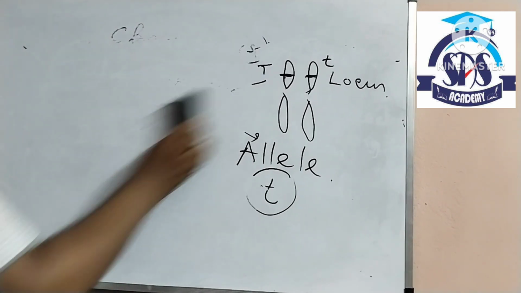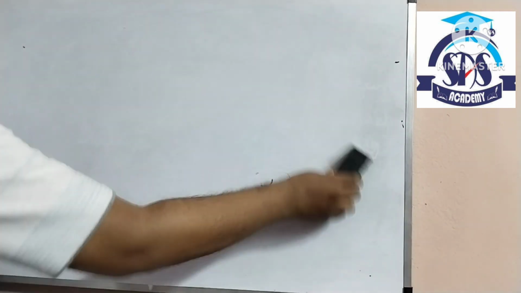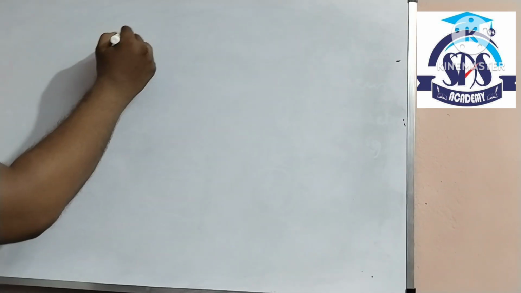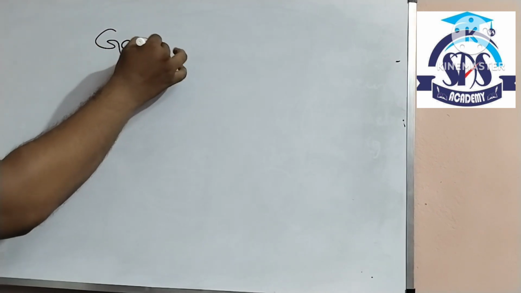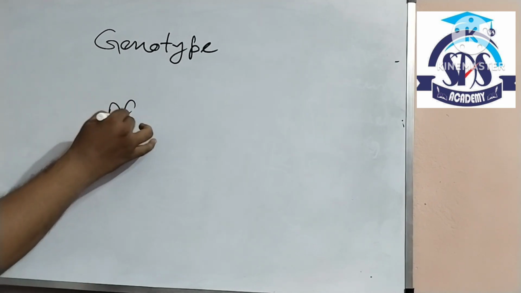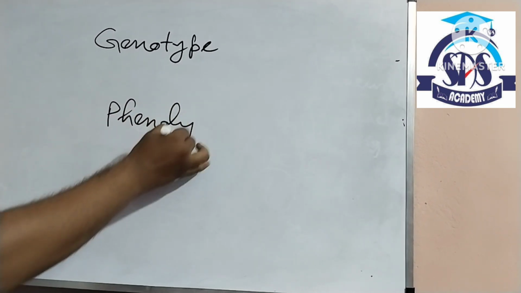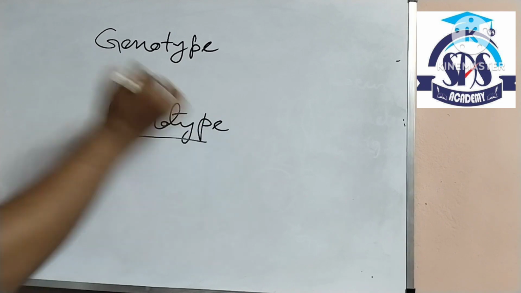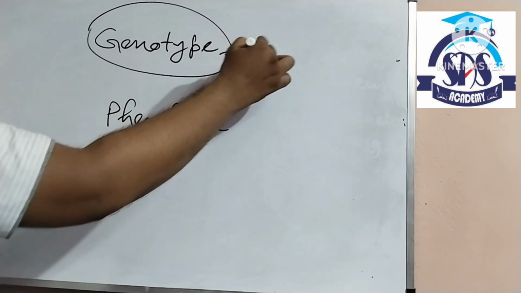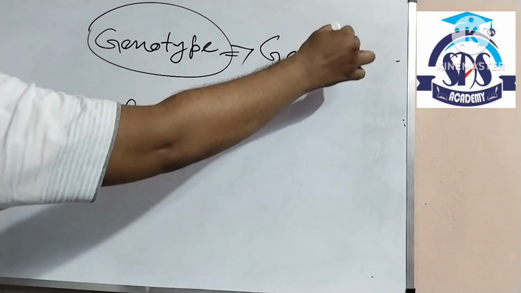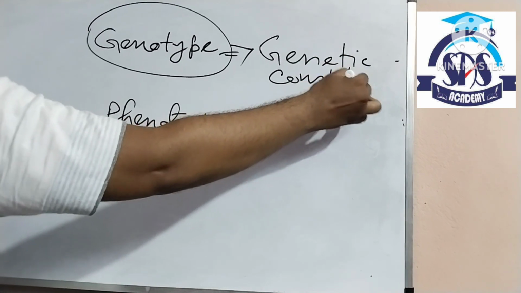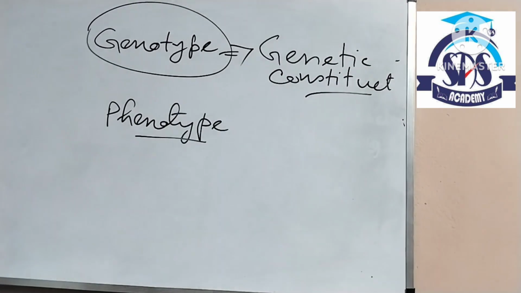Now we discuss two more main terminologies: genotype and phenotype. Genotype means the genetic constitution of an organism.